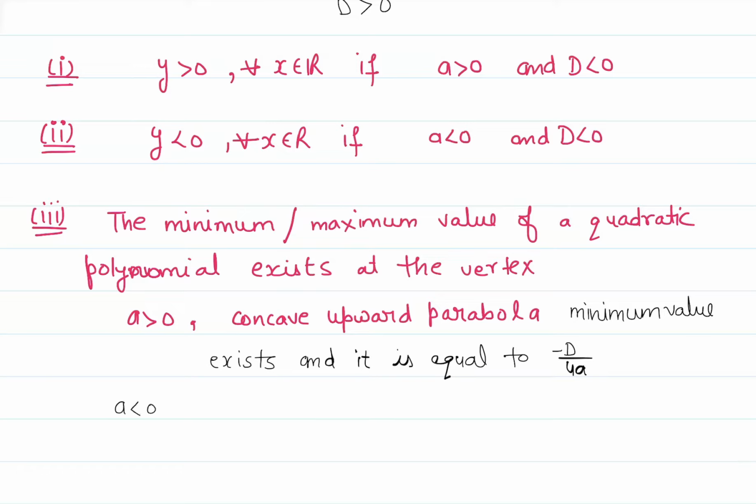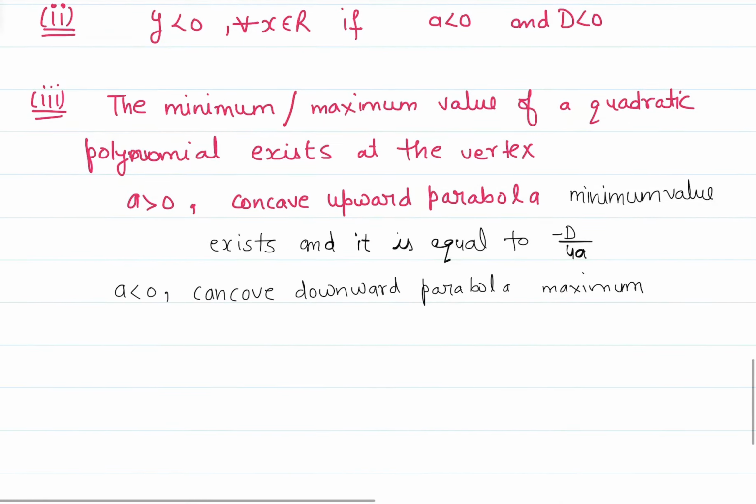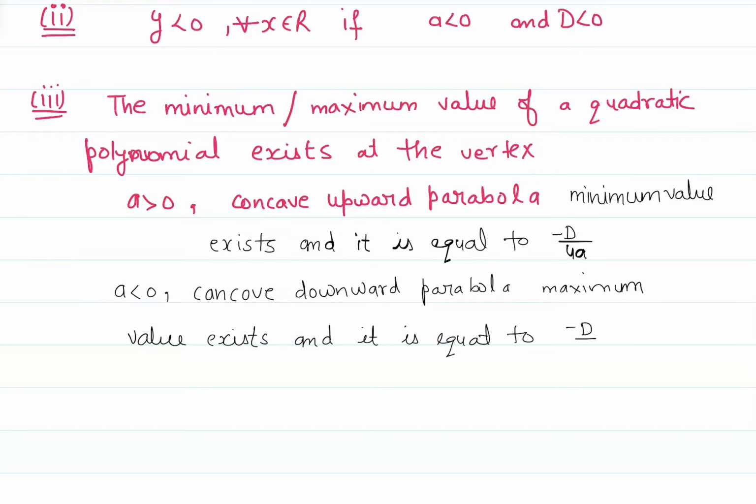For a less than 0, it means a concave downward parabola, and a maximum value exists and it is equal to minus d divided by 4a. It means the y coordinate of the vertex.